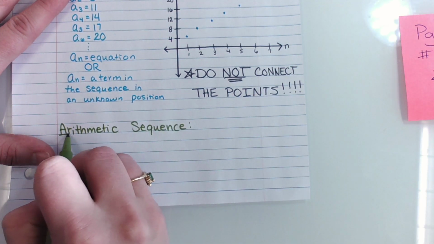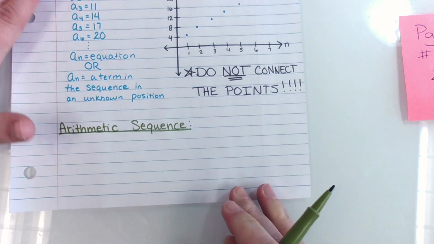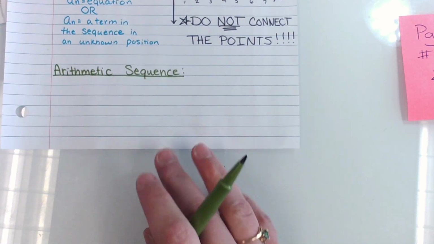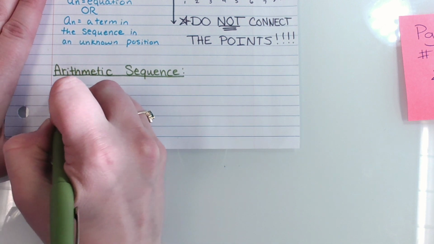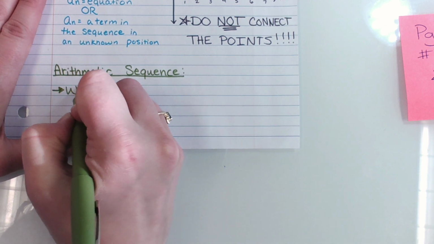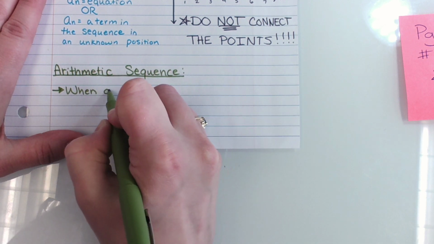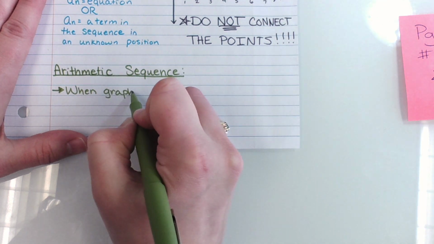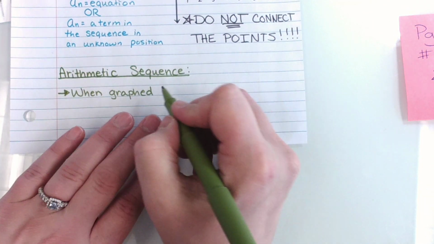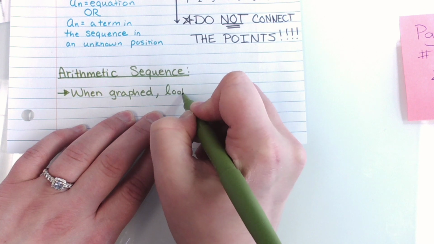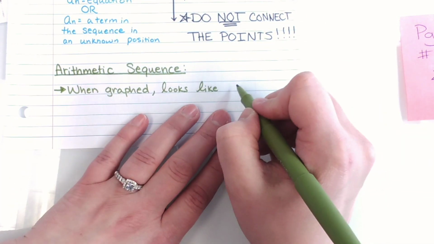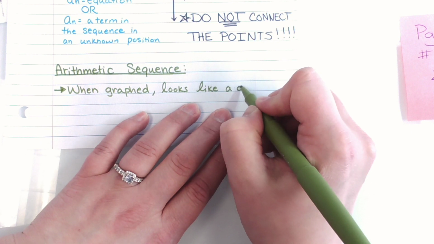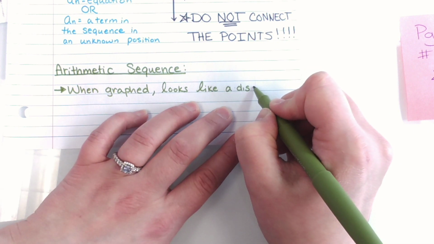An arithmetic sequence is one that, when graphed, looks like a disconnected line. It looks like a linear equation.